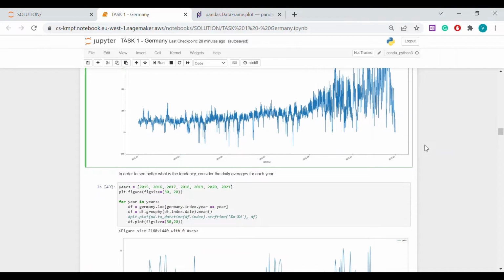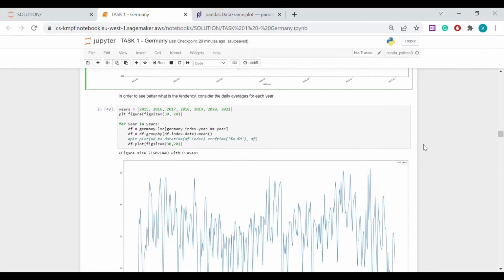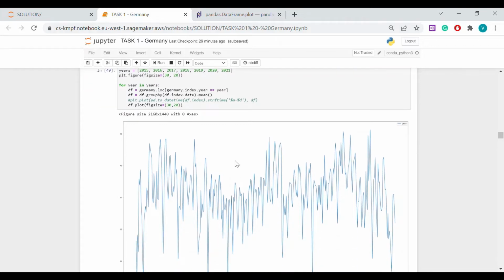Again, in order to better see the tendency, we could also consider the daily average prices, because now for each day we have 24 values of prices. We can simply take the average and again plot this data for every year.